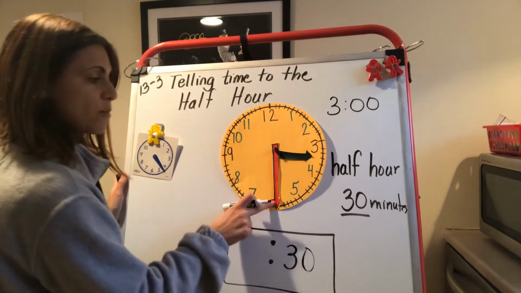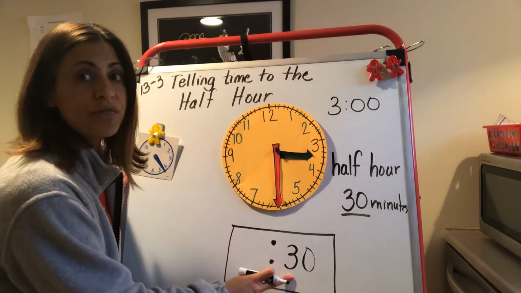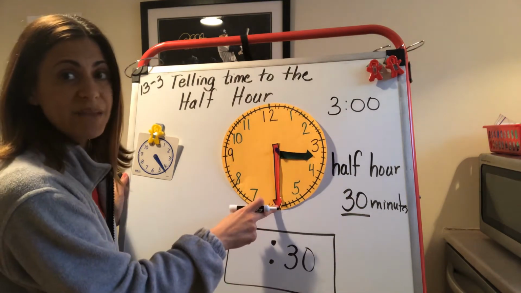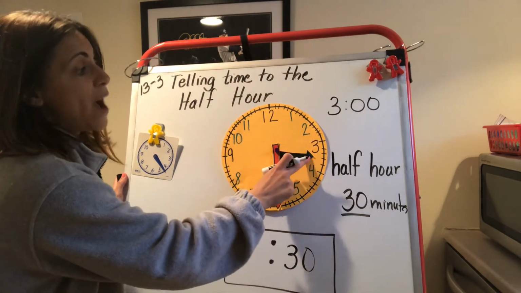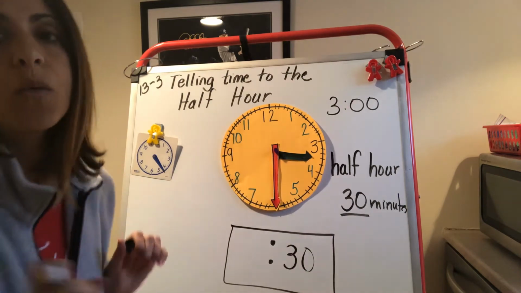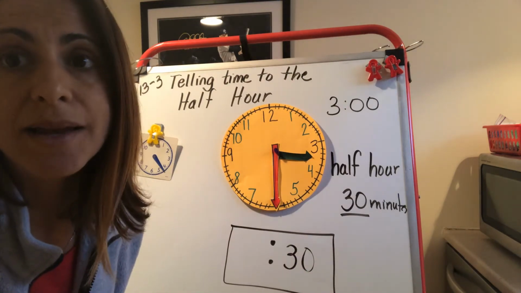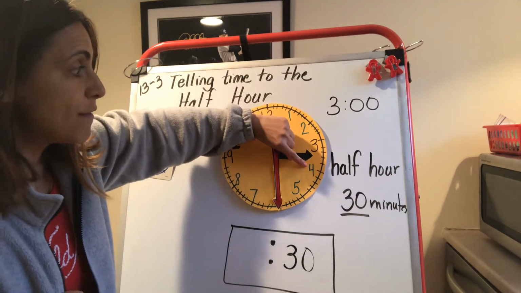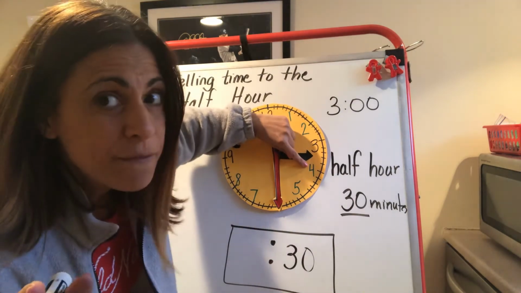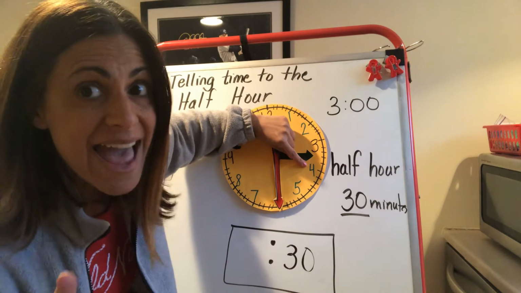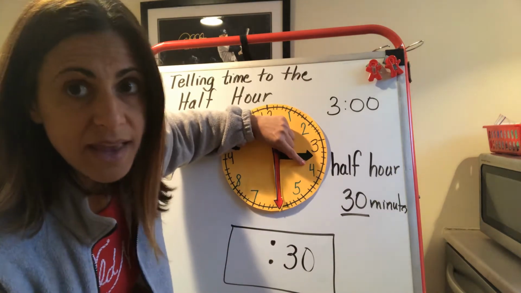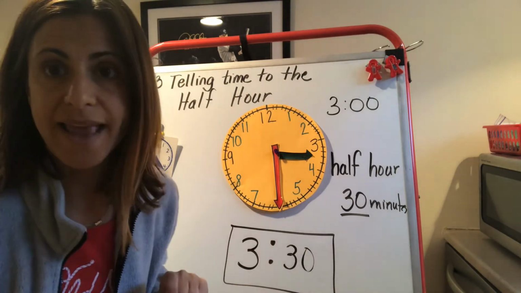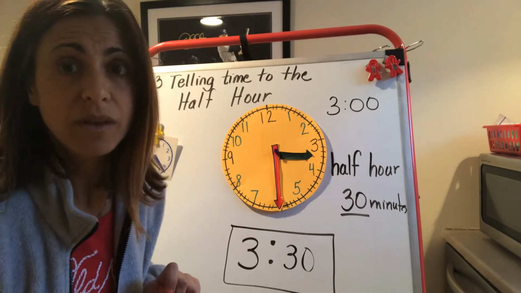I know when it points to the 6, the minutes are 30. 30 minutes went by. Each line got me to 30. With the hour, you have to look. What number is the hour hand between? It's between the 3 and the 4. Is it on the 4? Not yet. So it must be 3:30. Okay?